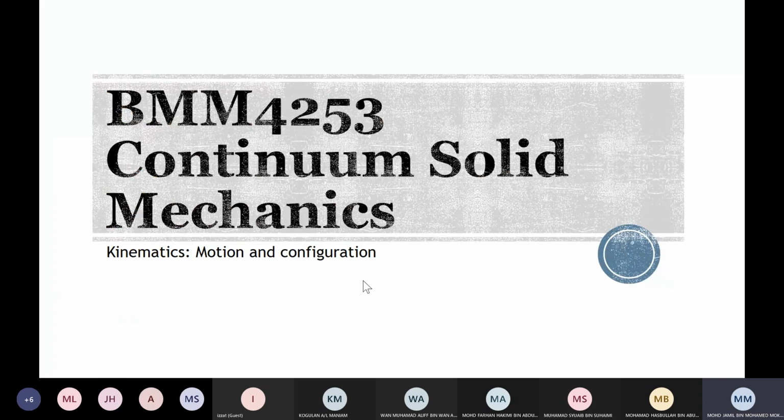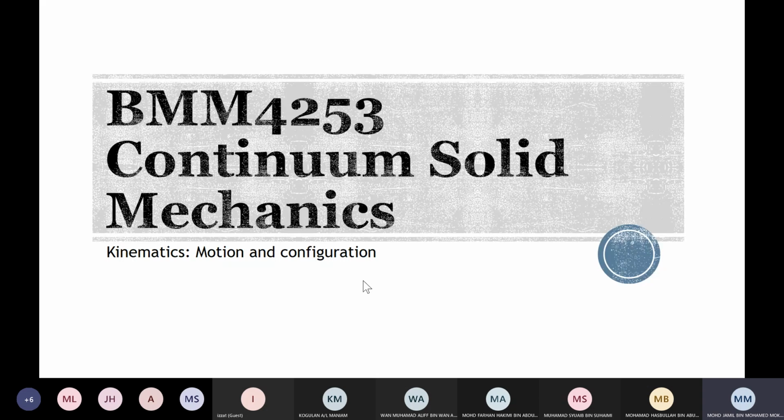But I hope you can understand. If you don't understand, you can just ask me anytime. So now let's go into the real part, the continuum solid mechanics. The first part that we need to understand before we go into details about continuum solid mechanics is to understand how to describe motions.